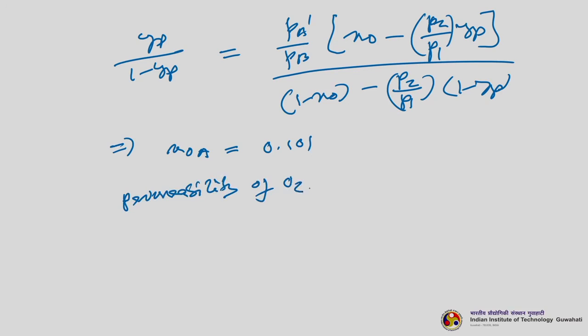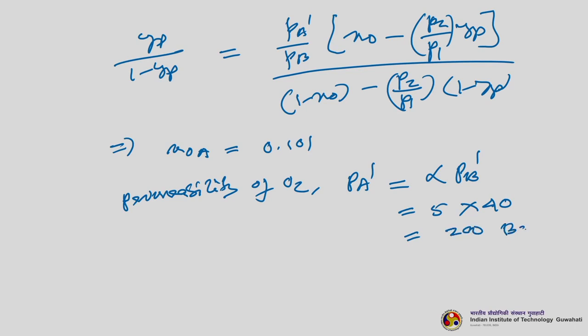So, permeability of oxygen, that is Pa dash, is alpha times Pb dash, where the separation factor is given as 5 and Pb dash is 40. So, it is 200 barrer.